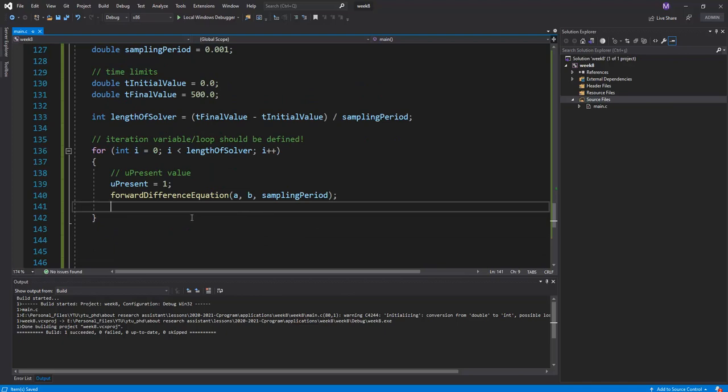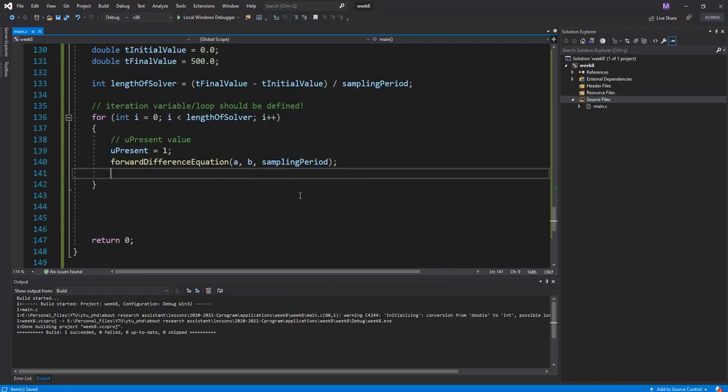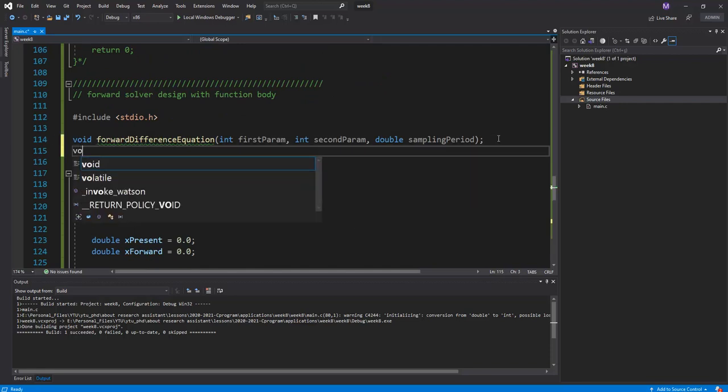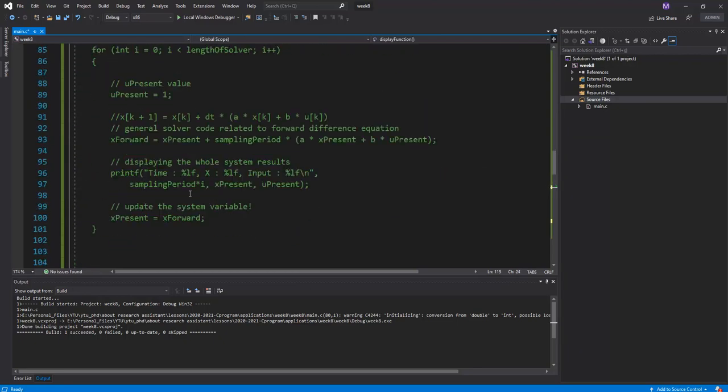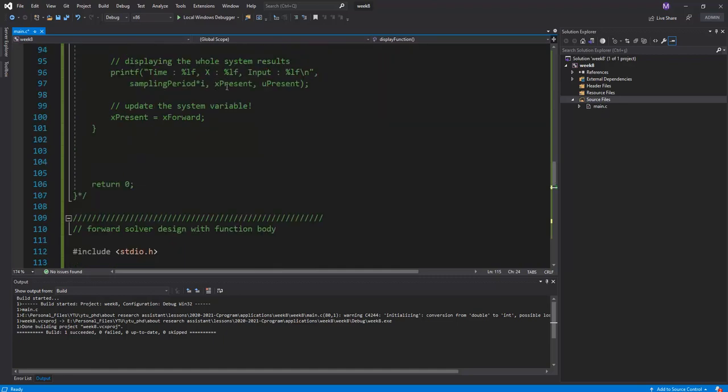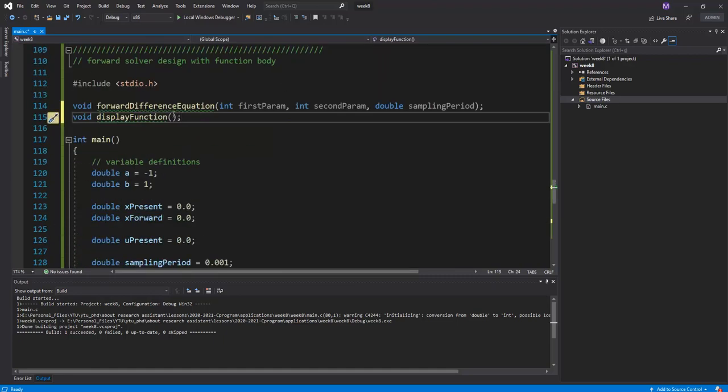Okay, and so in the first place we should give another function in here like this one. The void display function can be defined in here in the display notation. Time, x present and u present should be given to the system, so double time, double x present, and double u present should be given to these codes.